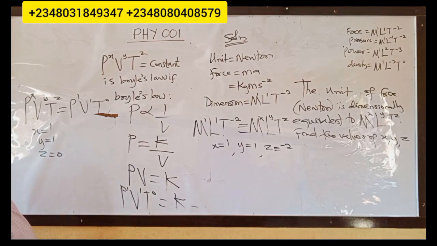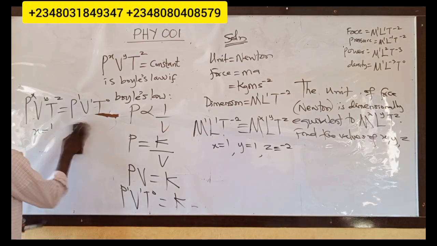Look at this JUPEB question again. It said if M raised to power A, S power B, T power C is the dimensional formula of force, find 2A minus B minus C. Let me write this one up.